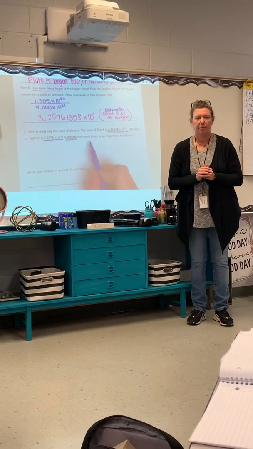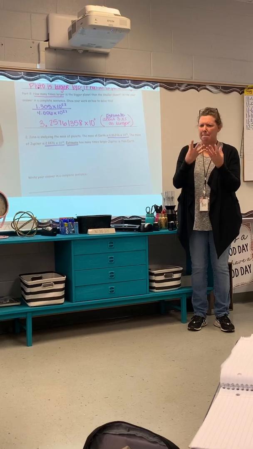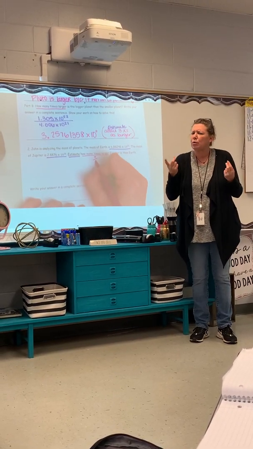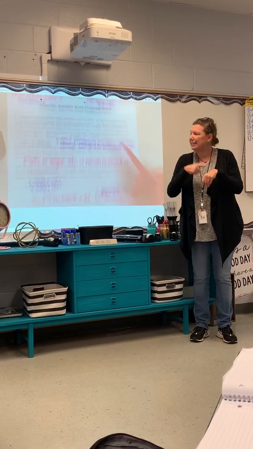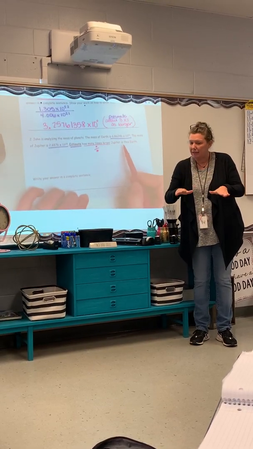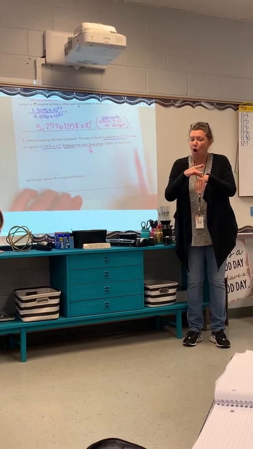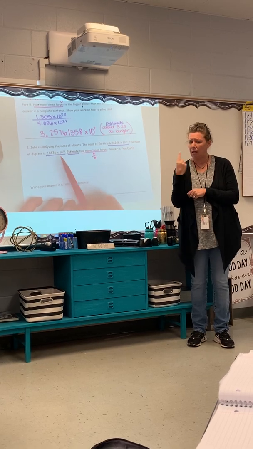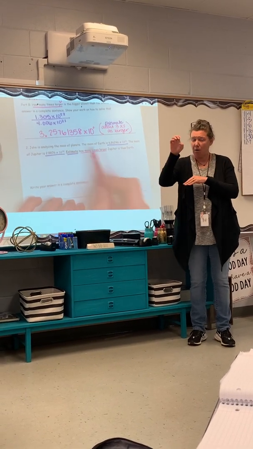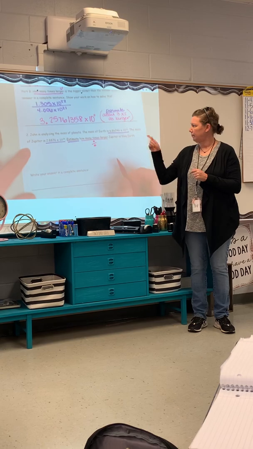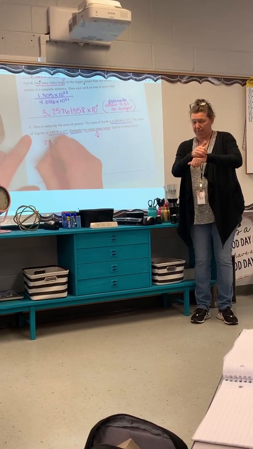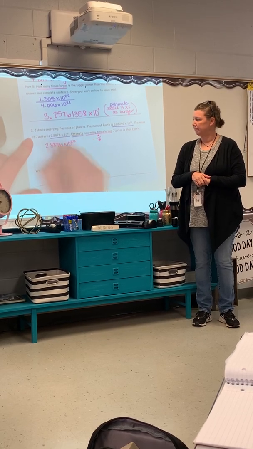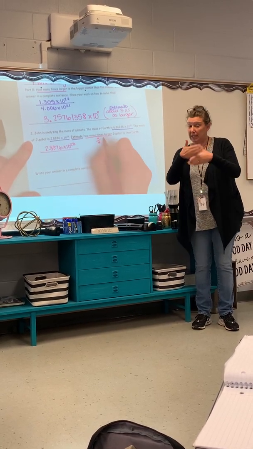Estimate how many times larger, there's that key again, how many times, so they want us to divide, is Jupiter than Earth? So we're going to look, Jupiter is bigger, you always look for the bigger exponent. Jupiter's bigger, Earth is smaller, so we're going to set it up that way, divided by, because it's how many times.